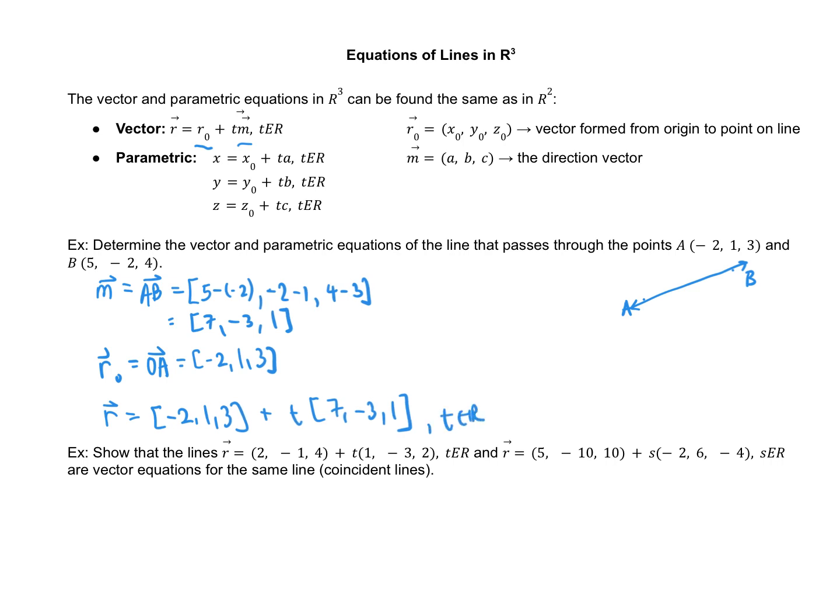And now I can take this vector equation and break it down into the x, y, and z parametric equations. So x is made up of negative 2 plus 7 times t.